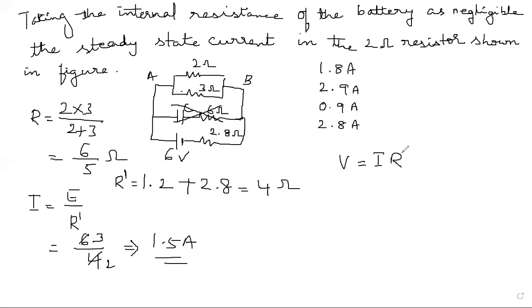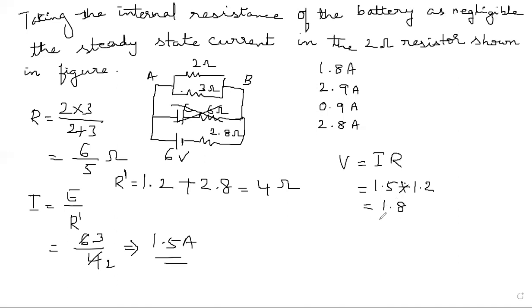R is nothing but these two in parallel. So when you solve this in parallel, you can say I is 1.5 into 1.2. So when you solve, you'll get 1.8.